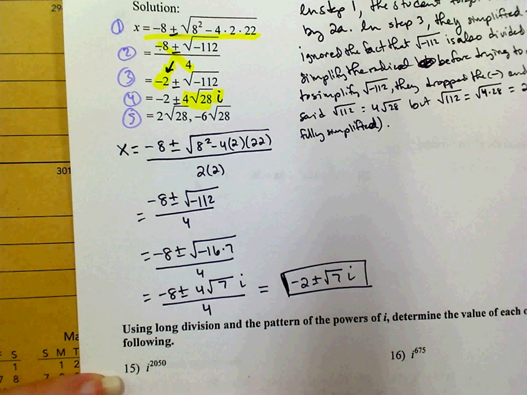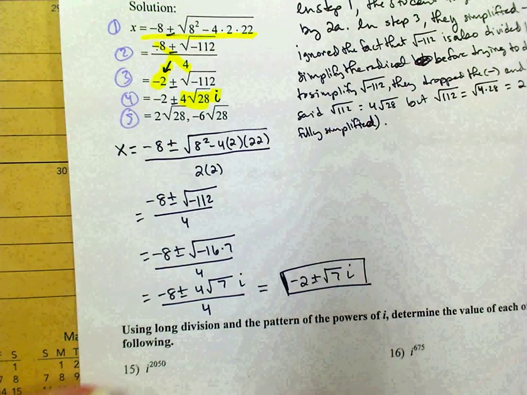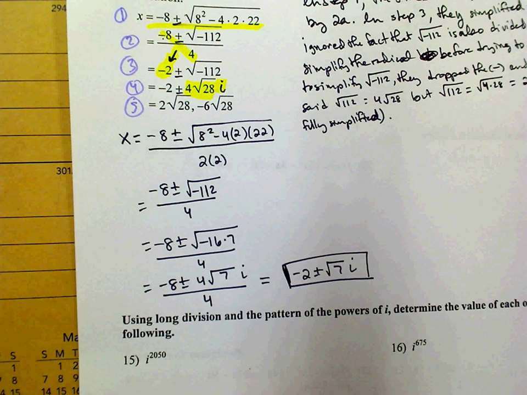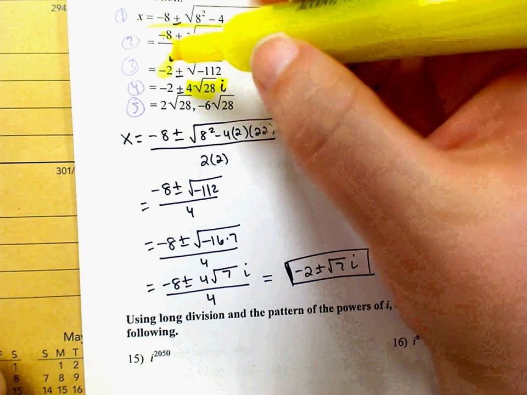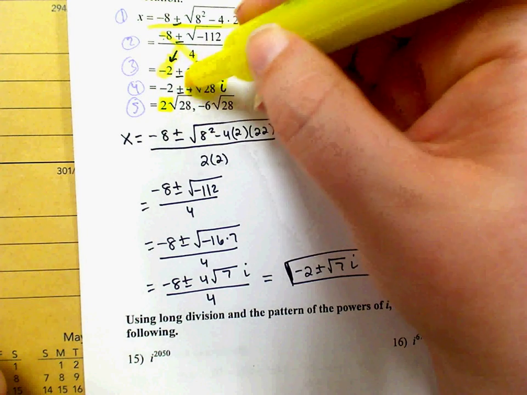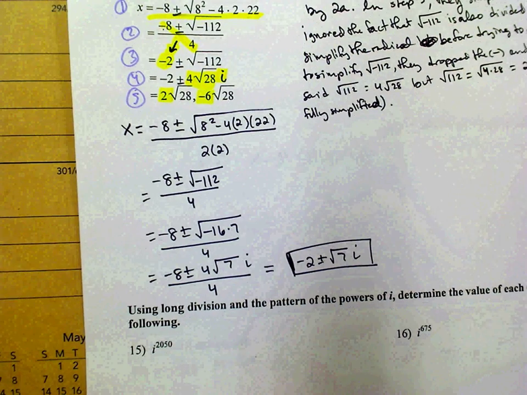Okay, so here's what happened. They said negative 2 plus 4 is 2, and they said negative 2 minus 4 is negative 6, and they combined them. But they can't do that because one of them has a square root and one of them does not.